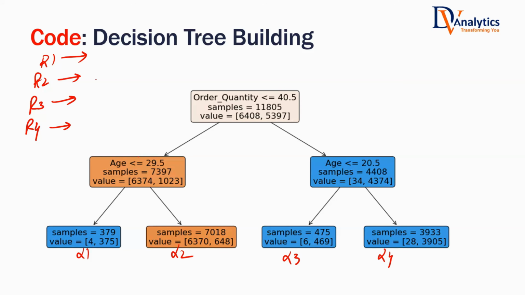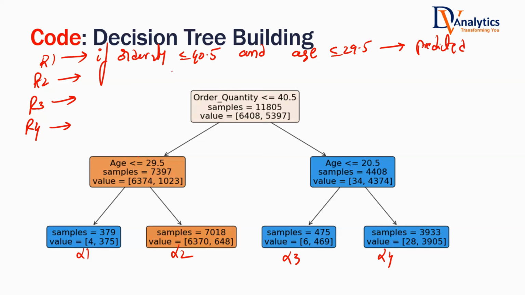These are like if-then-else rules. If order quantity is less than or equal to 40.5 and age is less than or equal to 29.5, then what's the predicted value? Satisfied or dissatisfied? Satisfied, because this is D, this is S, most of them will be satisfied.